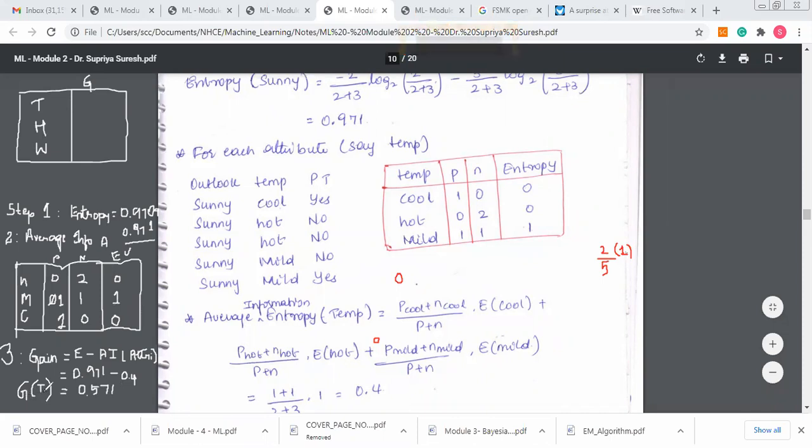We know the gain of temperature is 0.571.